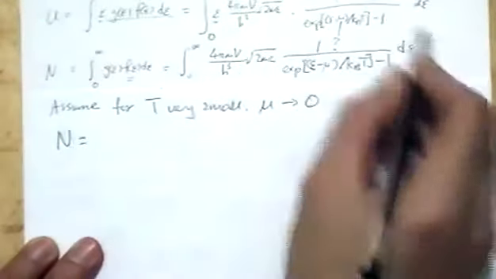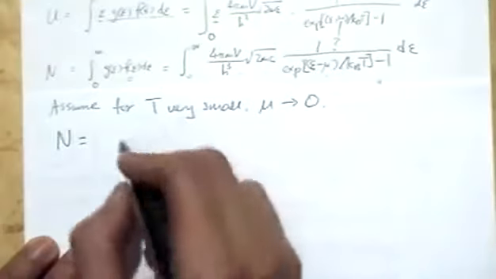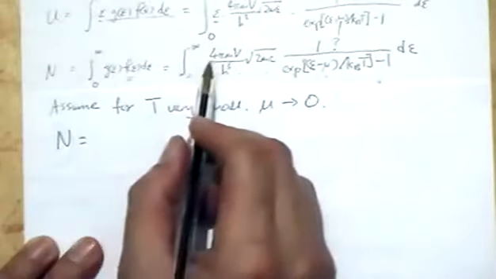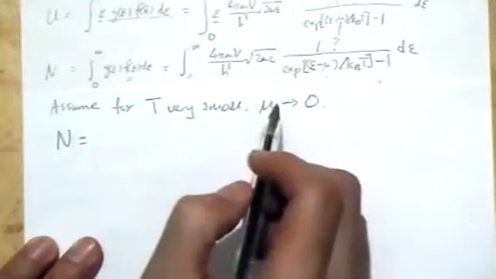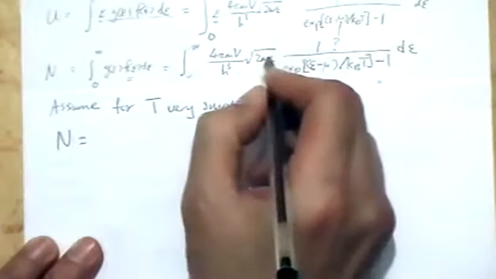Then let's write down n, that expression with mu set to 0. Now a lot of those are constants. This lot is constant. Oh right, that's an energy E there.